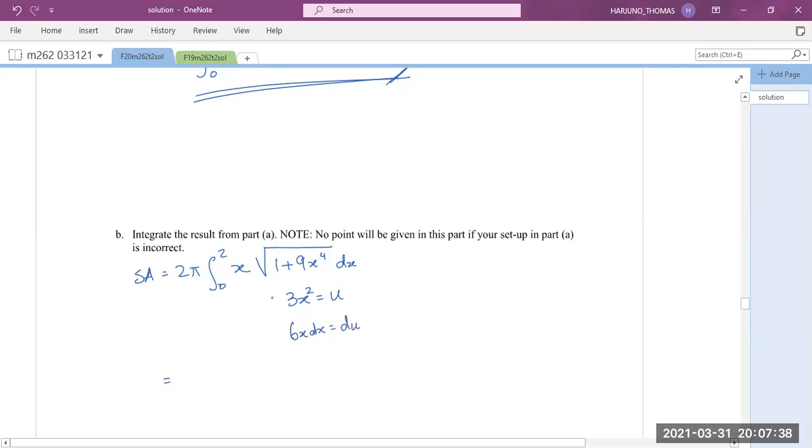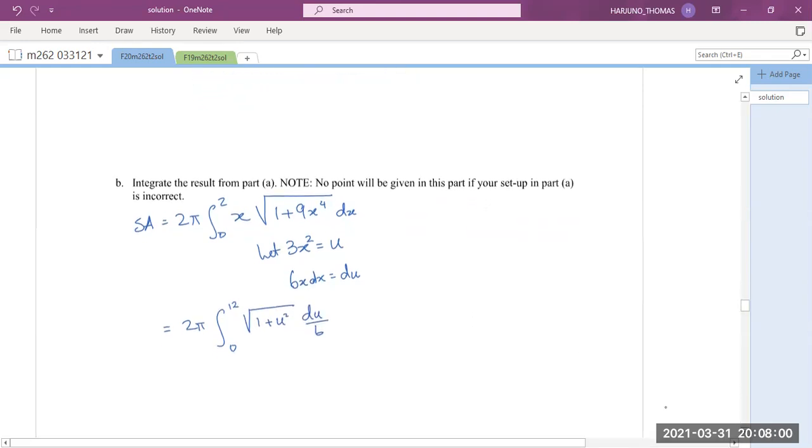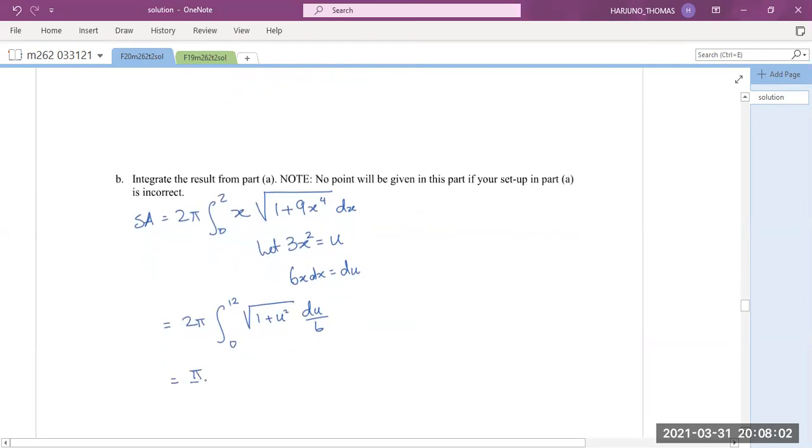So now we get 2 pi integral. When x equals 0, u is 0. When x equals 2, u is 12. This is square root of 1 plus u squared du over 6. This is pi over 3 integral from 0 to 12 of square root of 1 plus u squared du.